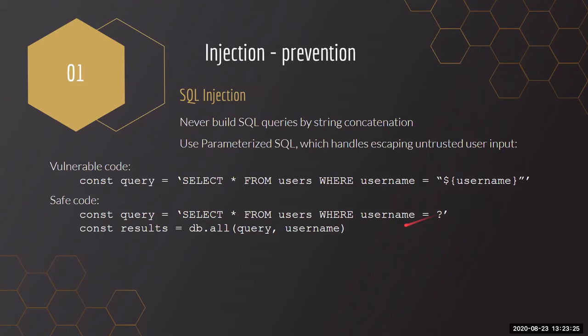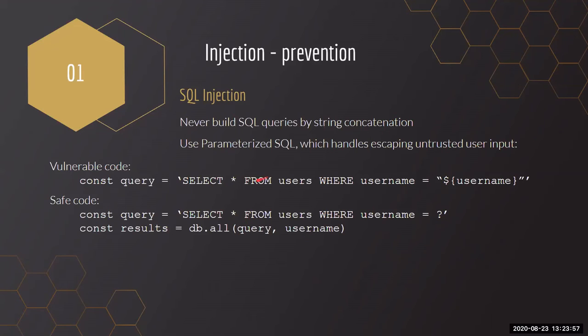The safe way to do it, or the parameterized query way, is to define the query string, put a question mark wherever you have user input, and in your next line of code, you declare another constant called results, say db.all, put query for the first parameter and username for the second.